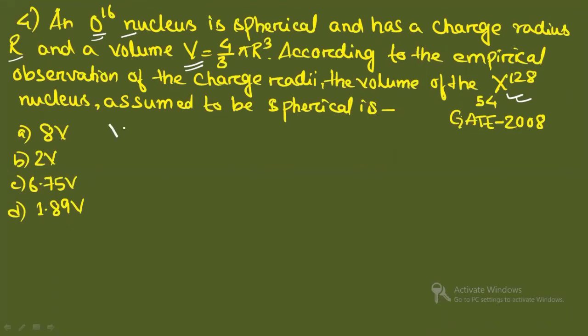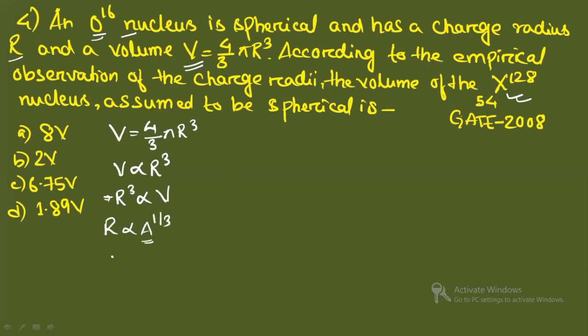So you see here, it is given that volume equals 4 by 3 pi r cube. All right. That means the volume is proportional to the cube of radius. Now we already know the formula for nuclear radius, which gives the radius is proportional to A to the power 1 by 3.